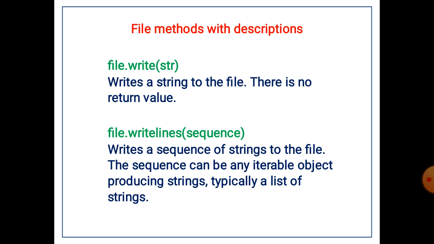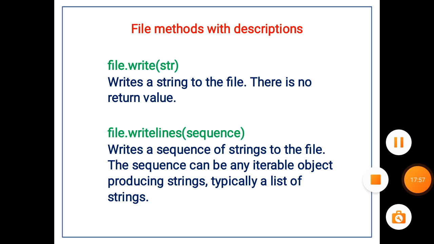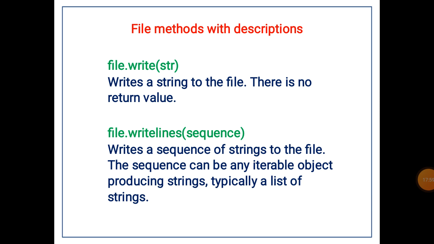File.writeLines sequence writes a sequence of strings to the file. The sequence can be iterable object producing strings, typically a lot of strings or a list of strings.